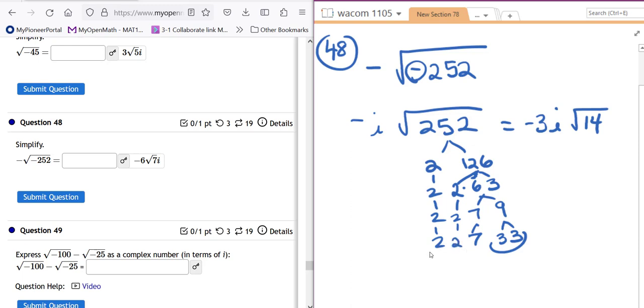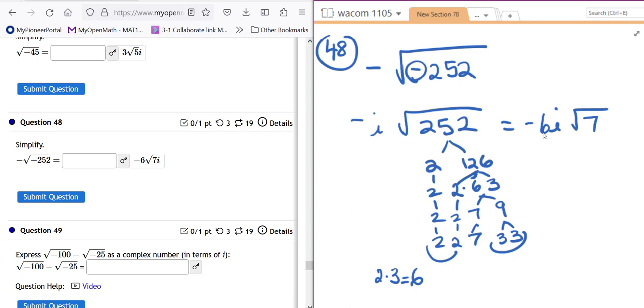Okay, so I have a 2 going outside and a 3. 2 times 3 will give me 6 on the outside, and the 7 is left underneath. So we're going to fix this. So it should be a negative 6I.